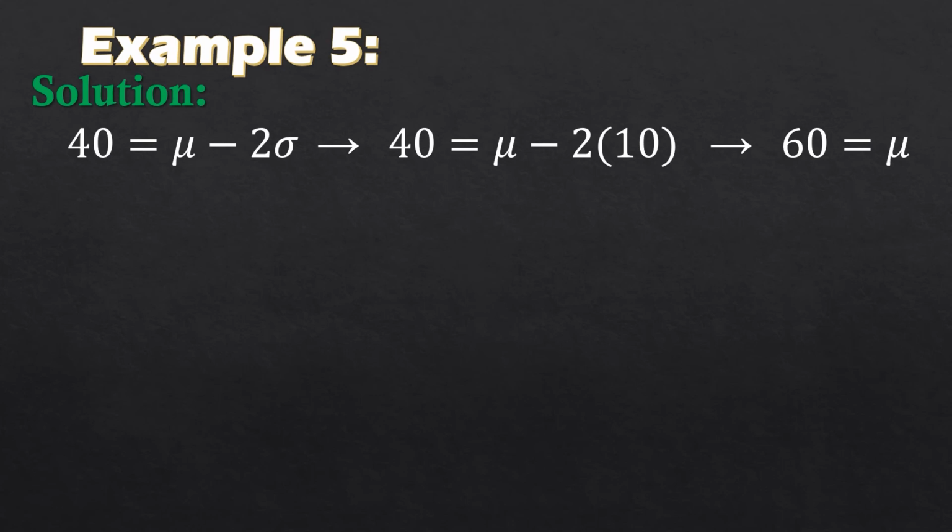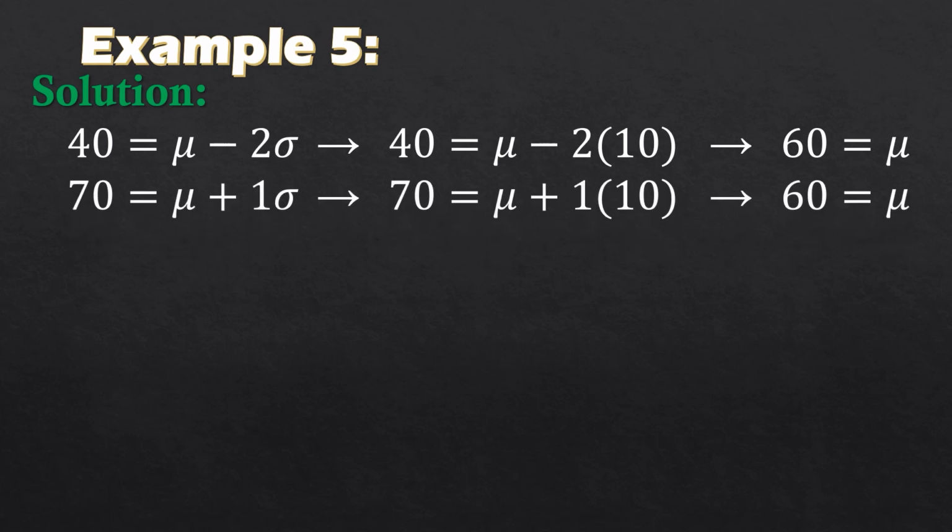Then we transpose negative 20 to the left side. So we have 40 plus, it will become positive. That's why 40 plus 20 is equal to 60. So that is equal to mu, or the mean. For our second equation, let's substitute and see what the mean will be. For the second equation, we have 70 is equal to mu plus 1 sigma, or simply sigma.